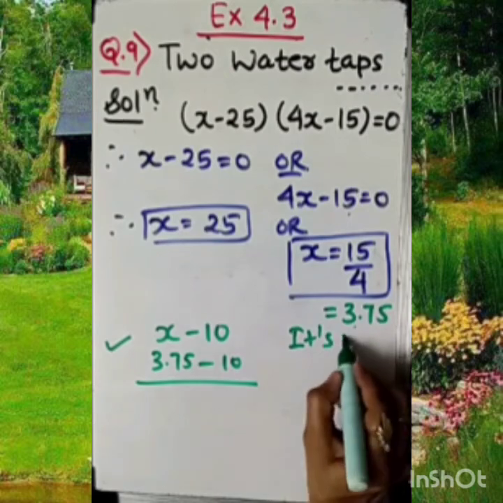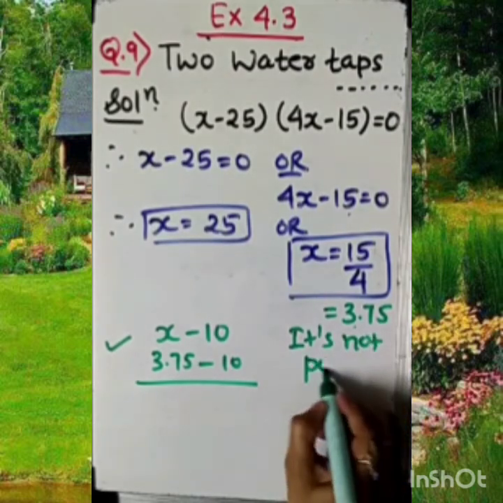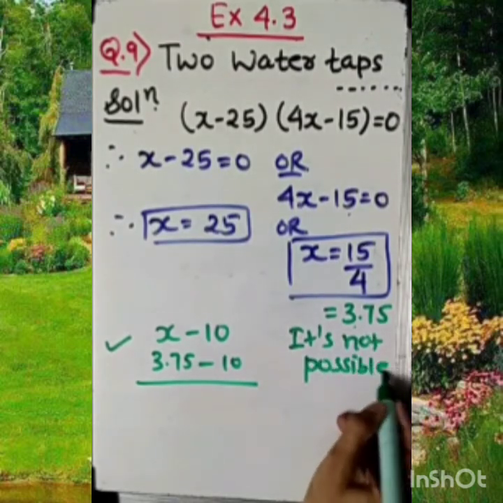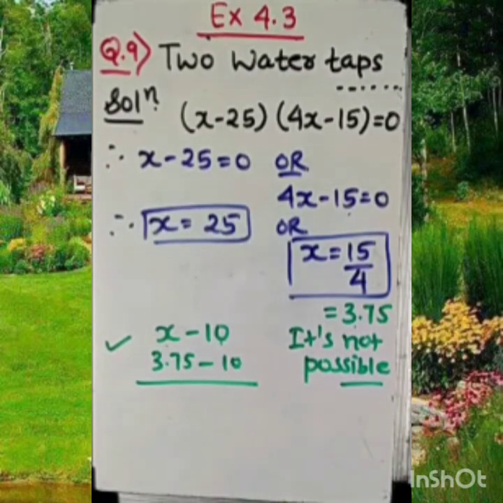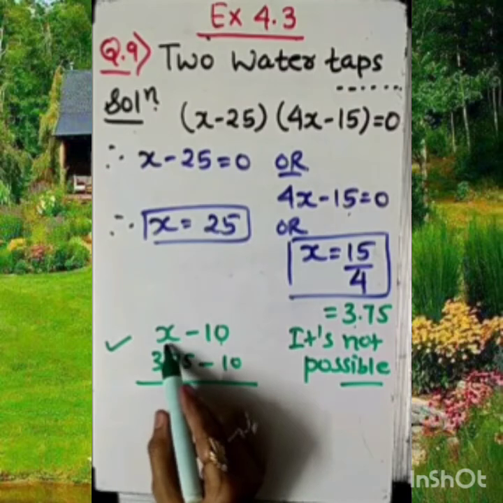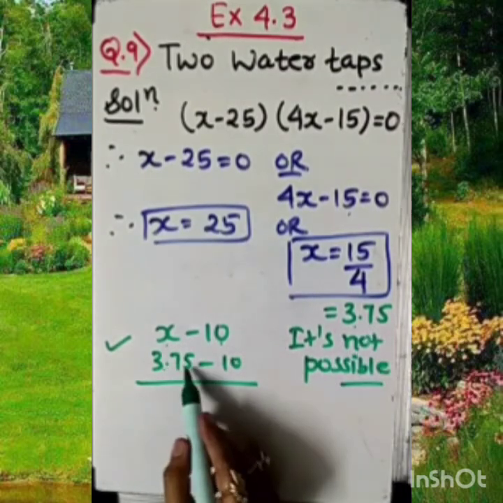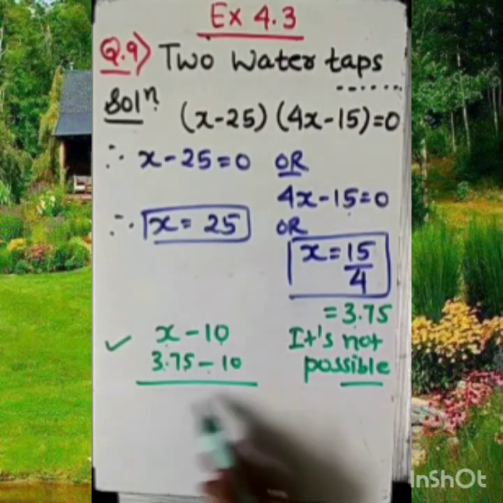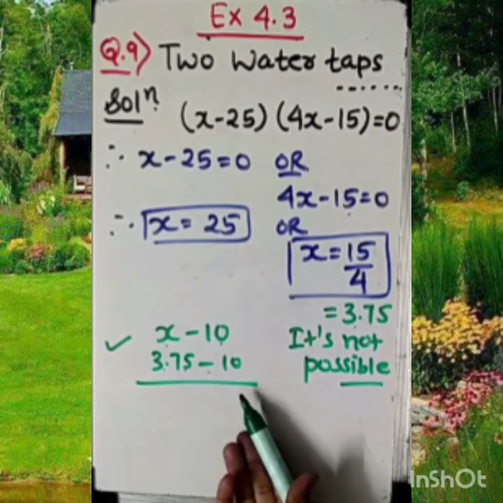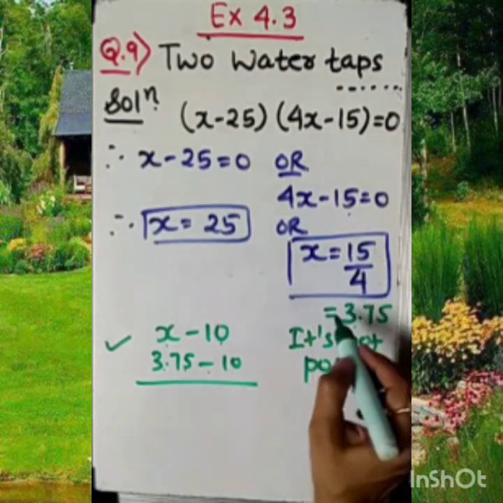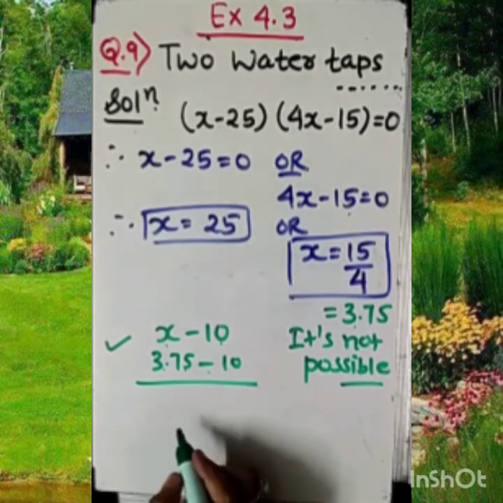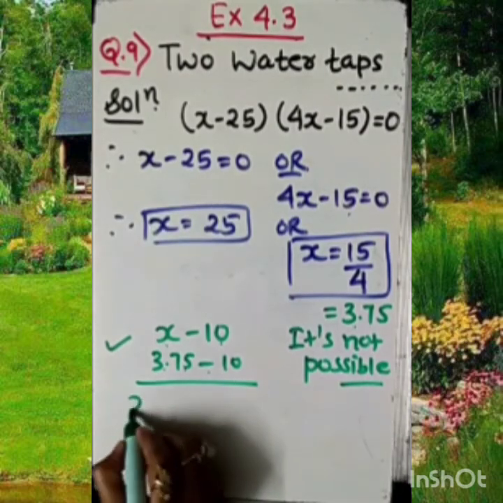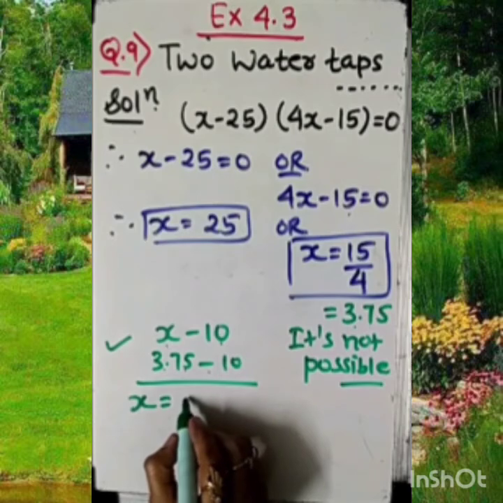The reason behind it, I have explained: we have assumed x minus 10 time is taken by the bigger tap. If x is 3.75, minus 10 will become negative. Time can't be negative. So this is not possible. So the valid answer is x equal to 25. So we need to mention here where x equal to 25.